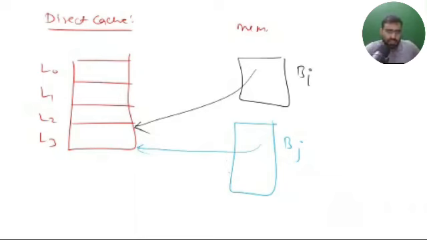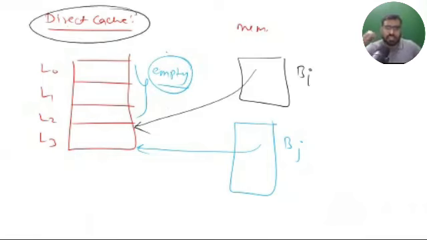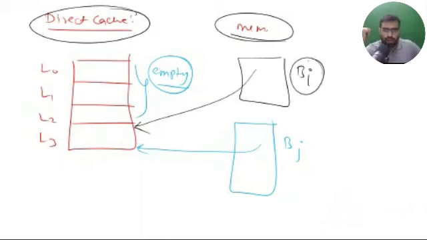You can notice this memory is empty. Let's assume these lines are empty. But in the direct mapped cache, whatever main memory block you have will map to only one line. For example, this main memory block can never map to L0 or L1. It will always map to L3.